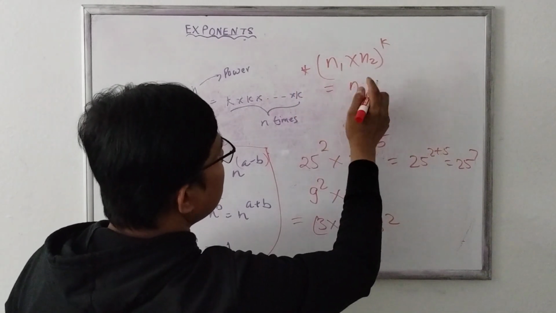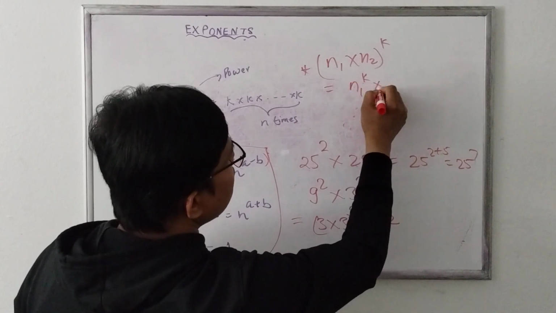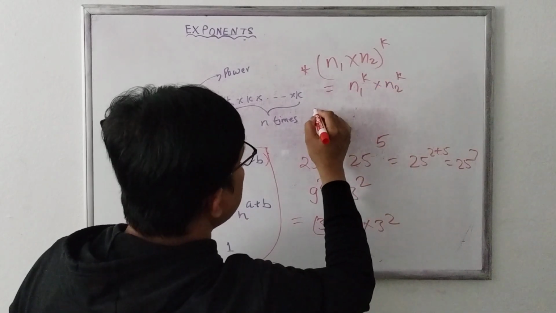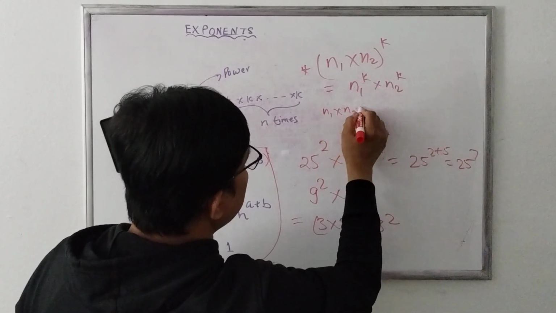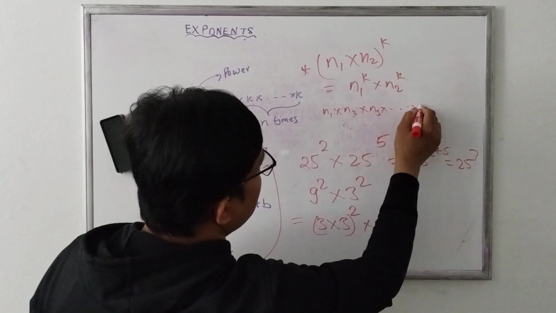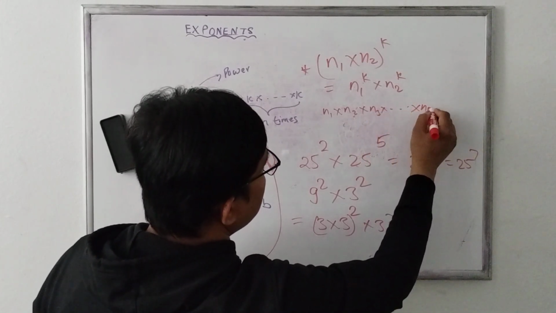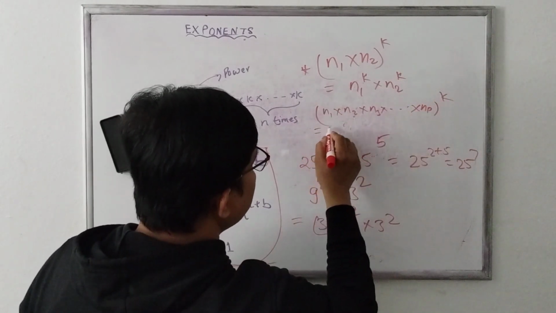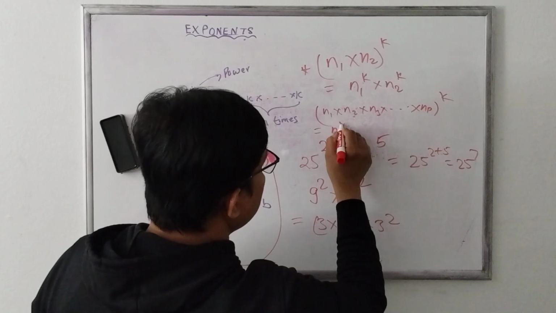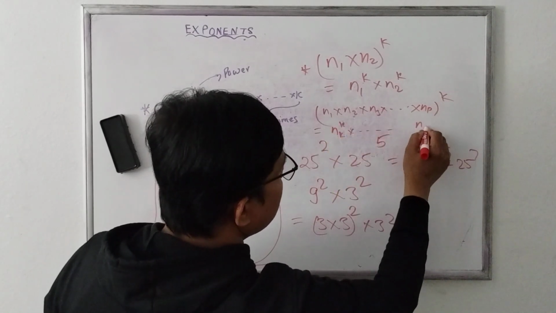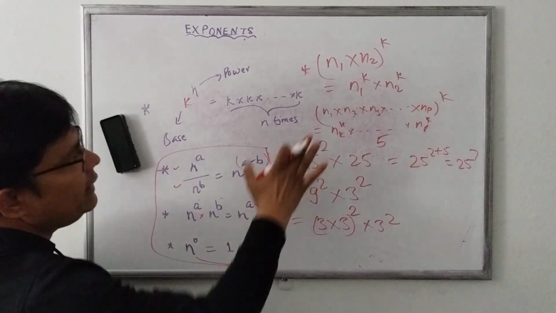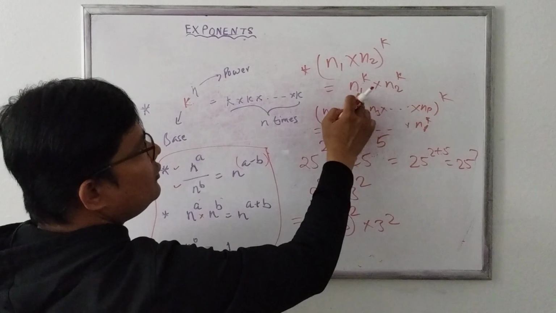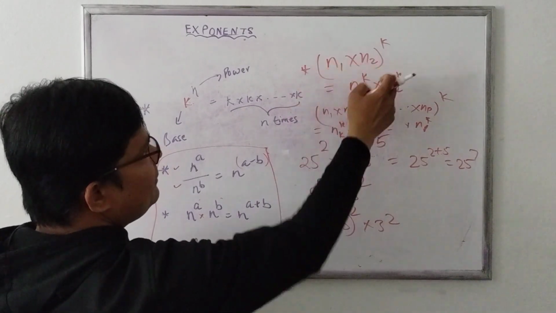If there are multiple, like n1 times n2 times n3 times up to np, the p numbers, raised to k, it means you have to put the power k on all the numbers. So basically, if you have two different numbers and you have some exponent, you have to apply the exponent to both the numbers, and the multiplication will be there.